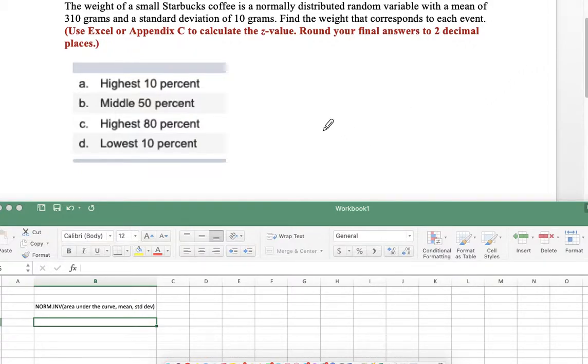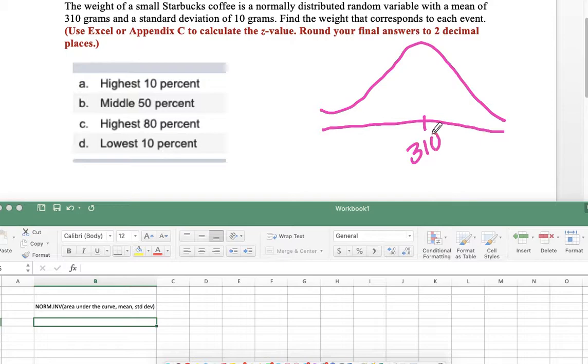This is a normal distribution, so it should be a bell-shaped curve. In the middle is the mean, which is 310, and the z-value there is 0 standard deviations from the mean.